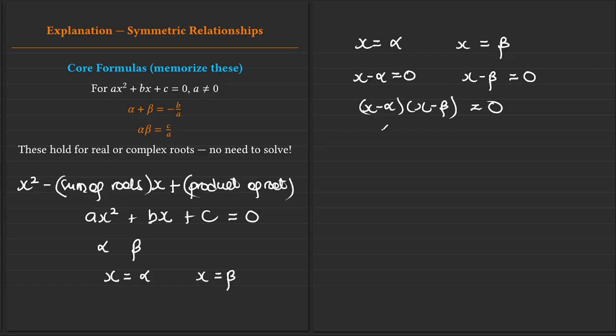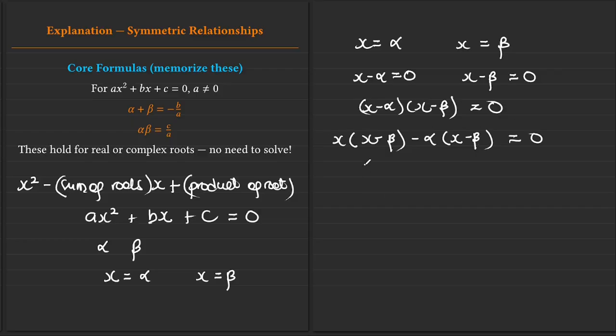Now, there's also a step before this. That is, we usually take this x to multiply everything in this bracket, and then the negative alpha does the same. So that becomes x into bracket x minus beta, and then we have negative alpha into bracket x minus beta, and that is equal to 0.